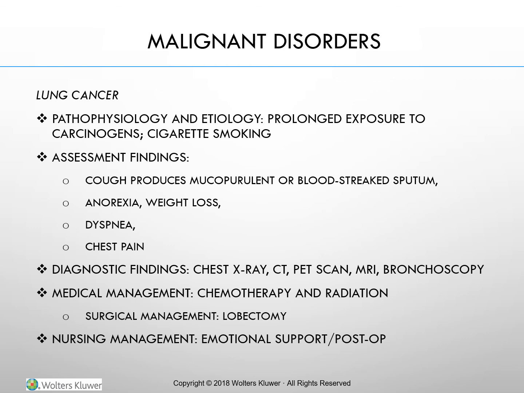Lung cancers are grouped in three overall categories: non-small cell lung carcinomas, which include epidermoid or squamous cell carcinomas, large cell or undifferentiated type, and adenocarcinoma; small cell lung carcinomas, formerly referred to as oat cell carcinomas; and lung carcinoid tumors, also known as neuroendocrine tumors, that are rare.